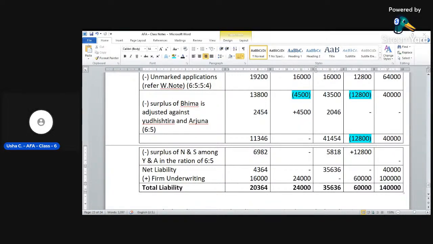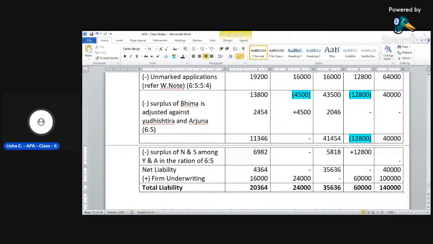But now the other underwriter has to subscribe the shares, the remaining portion of his liability. But at the time of calculation of the unmarked application, we do not distribute the unmarked application only to the underwriter who has not subscribed.